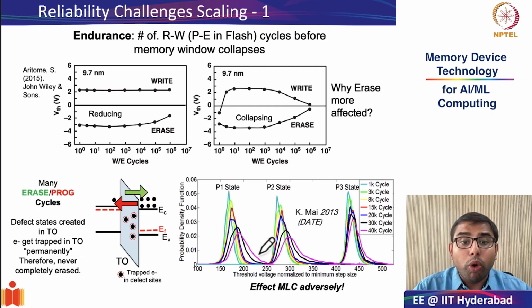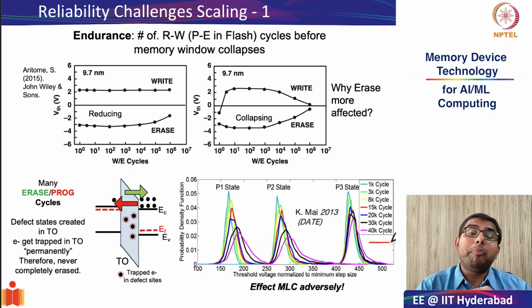The threshold voltage gets spread out more and more as you subject it to more PE cycles. This is for a highly scaled 2D NAND flash MLC. That is why you have P1, P2 and P3 states. So this is the first reliability challenge.